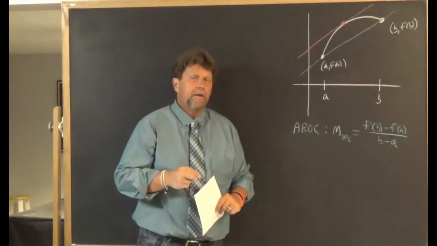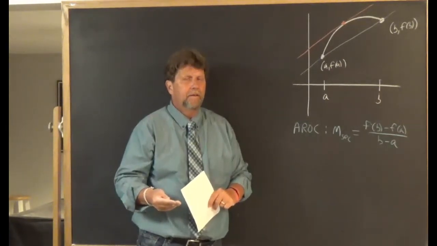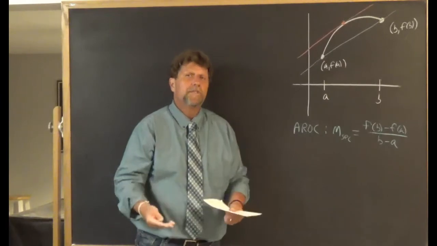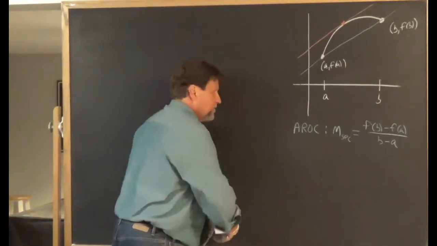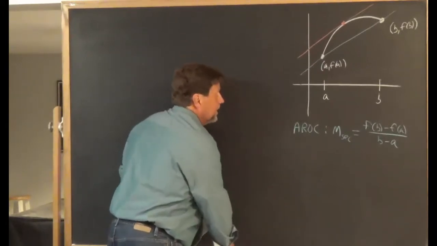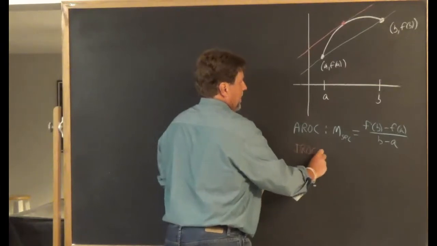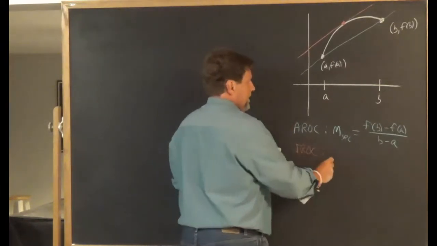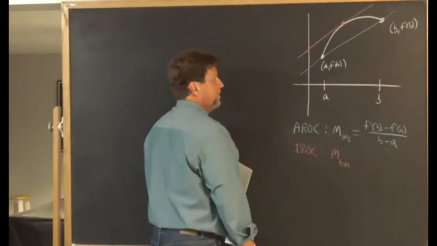All right, did you notice I was trying to draw a tangent line that was parallel to the secant line? Remember, a tangent line gives an instantaneous rate of change, which I'll call IROC. And we know an instantaneous rate of change is given by the slope of a tangent line.